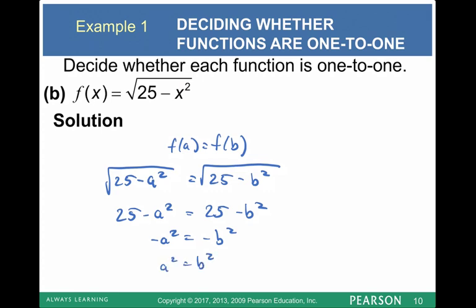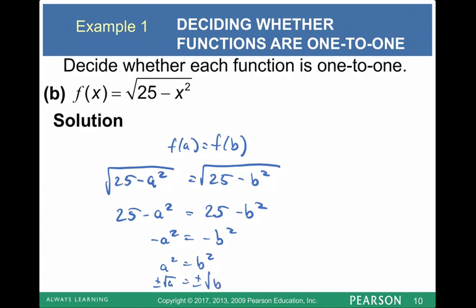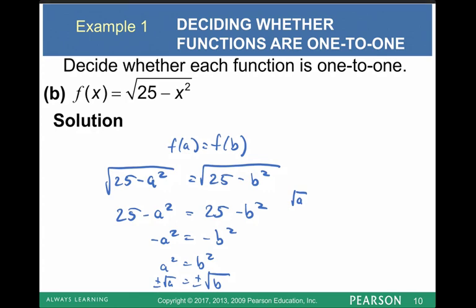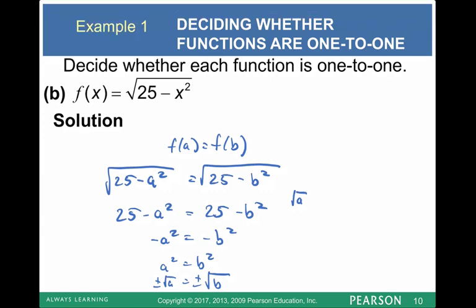Now when we go to take the square root on both sides, we get plus or minus the square root of a equals plus or minus the square root of b. So what this is saying is that the square root of a, sorry, that's not right. Let's go like, okay, I can fix it. So let's just do it like this. Squared, right?